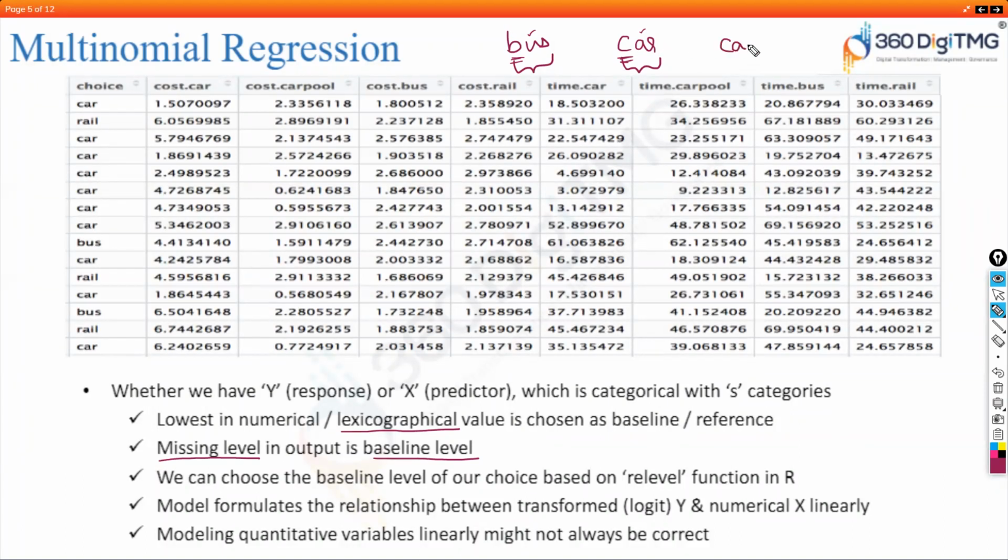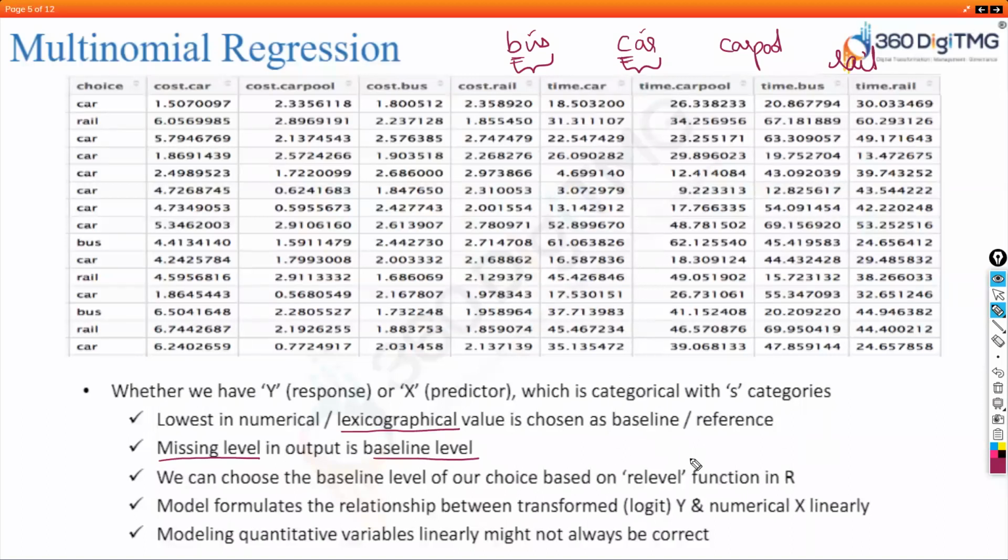How much does it cost for doing a carpool in comparison to car? How much would it cost me to travel by rail in comparison to car? This is what we would be really interested in.